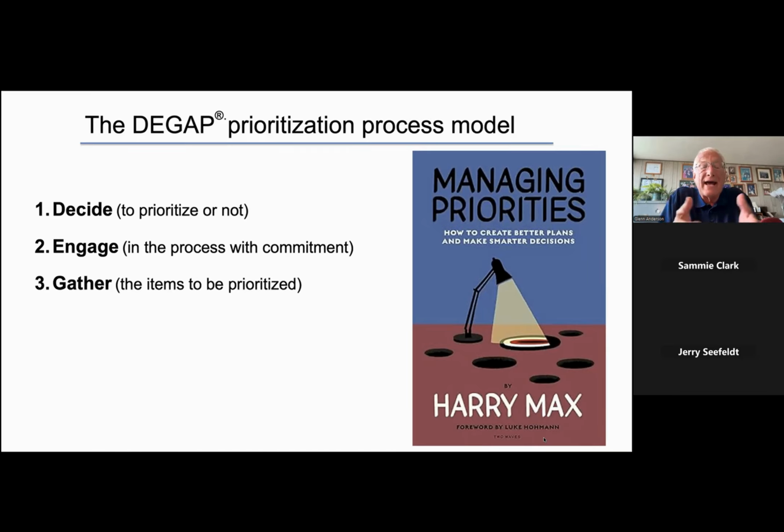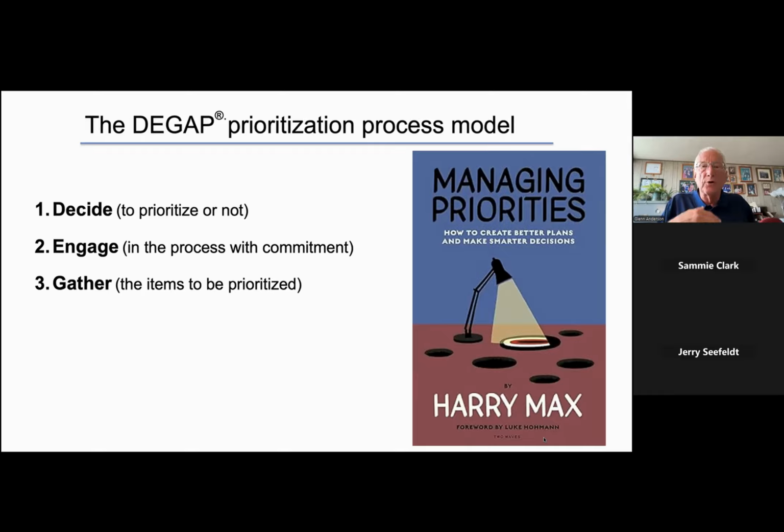And then I dive into gathering. This is the big step here. I gather all the items to be prioritized. I talk to the stakeholders. I listen to what they have to say. So I'm gathering data about the items that I'm going to prioritize. Now you might notice I keep using the word items.